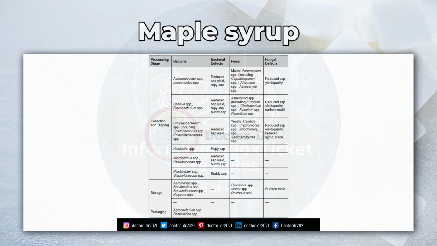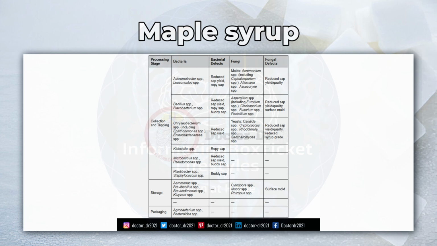Chryseobacterium species, including Epilithonomonas, and members of the Enterobacteriaceae family, can cause reduced sap yield. Klebsiella species may cause ropey sap, while Micrococcus species and Pseudomonas species can lead to reduced sap yield and buddy sap. Plantibacter species and Staphylococcus species are associated with buddy sap.